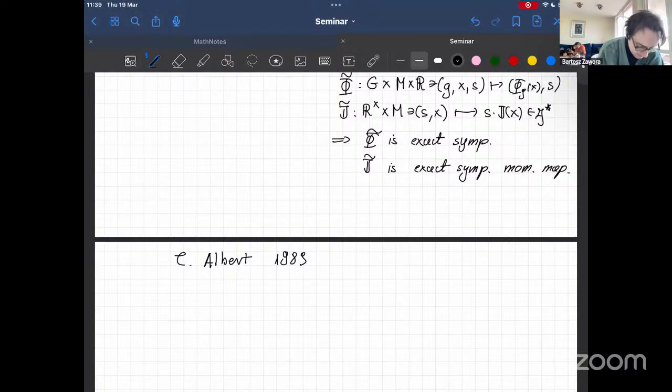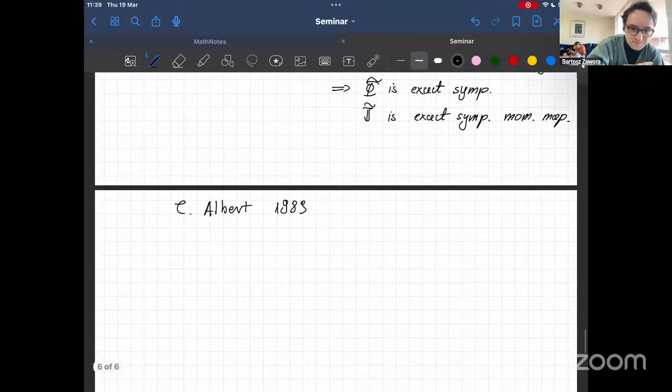But his approach has a couple of drawbacks. First of all, if we multiply the contact form by a non-vanishing function, the distribution doesn't change, right? The kernel of eta and the kernel of f times eta, where f is non-vanishing, is the same.